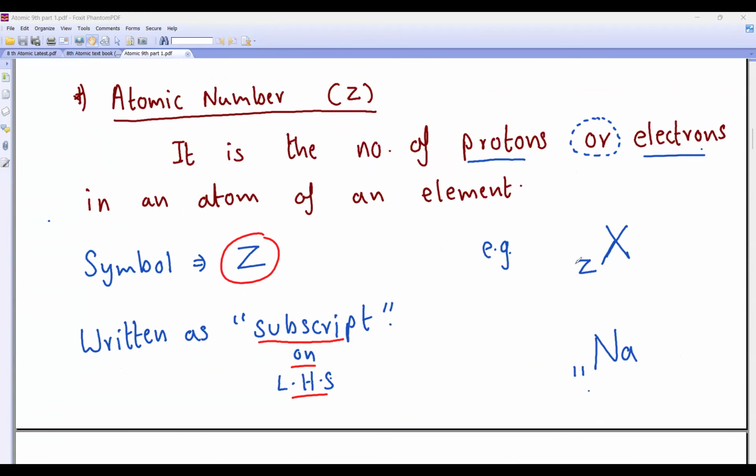Suppose this is an element, so here I write the atomic number. If I write 11, what does this mean? Sodium's atomic number is 11, so it has 11 protons or 11 electrons. Positive will always be equal to negative, so the atom is electrically neutral. Clear?